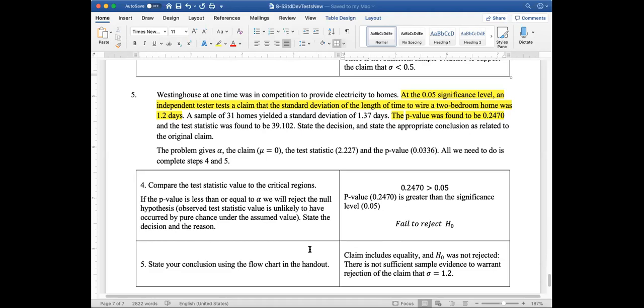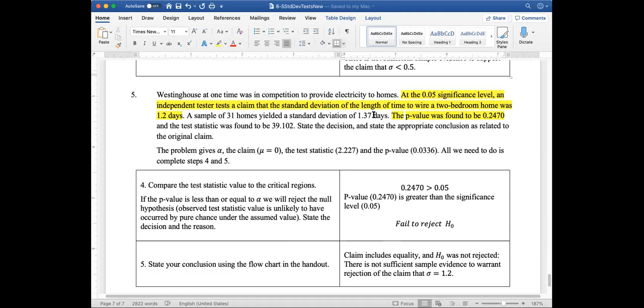So we've got everything through step 3. We've got a claim, and the claim was a standard deviation was 1.2 days, making it a two-tailed test. We got a p-value, 0.2470. Well, do we need the test statistic?